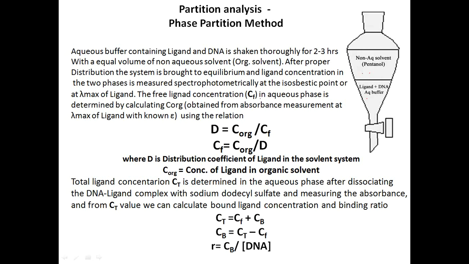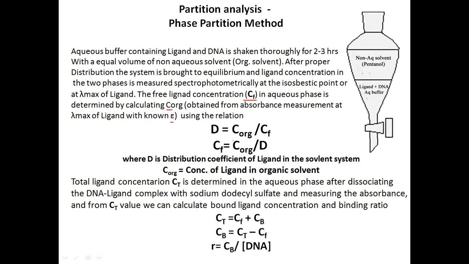The free ligand concentration, that is CF, in the aqueous phase is determined by calculating C organic obtained from the absorbance measurement at lambda max of the ligand with a known epsilon value. So the requirement is that the ligand's epsilon value at a particular wavelength should be known. Based upon that epsilon value, you calculate the concentration from the absorbance.